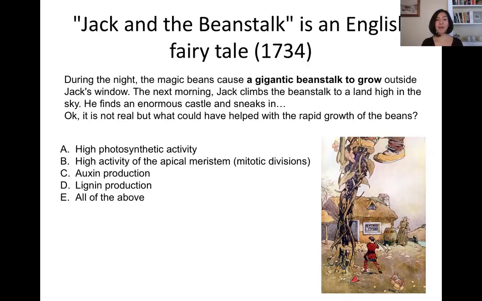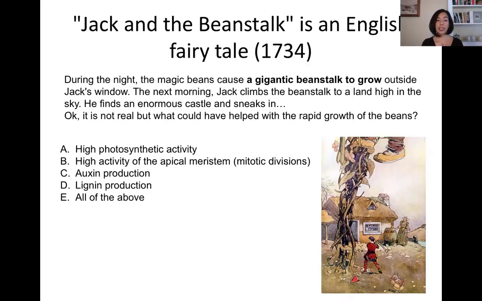So high levels of photosynthesis should help with this, as well as rapid mitotic division, right? Because plants need to grow, and in order to grow, they have to undergo mitotic divisions.